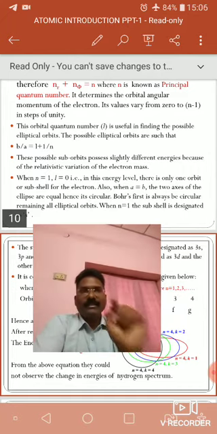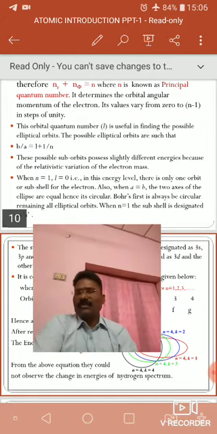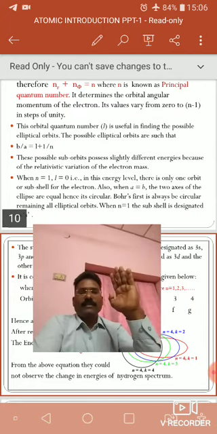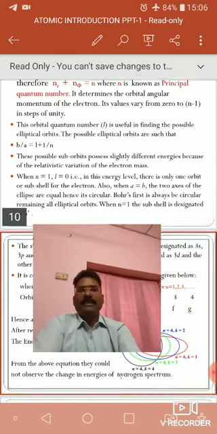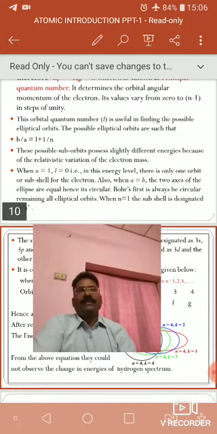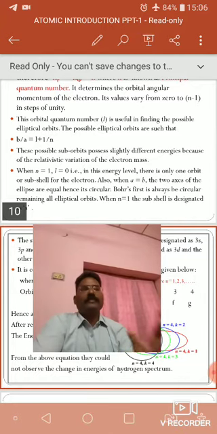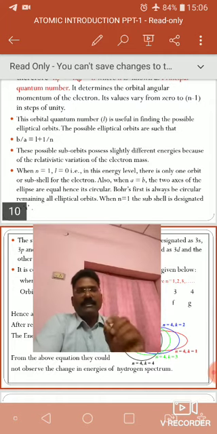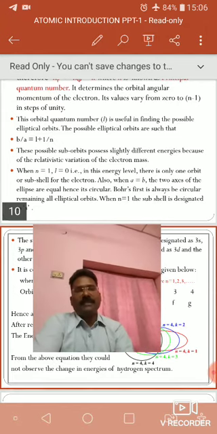Here, one thing we must remember: the Sommerfeld theory overcomes the drawbacks of Bohr's theory, but it cannot give the complete evidence of the fine structure of the hydrogen spectrum. The Sommerfeld theory successfully explains that, except Bohr's first orbit, all the remaining are elliptical orbits.